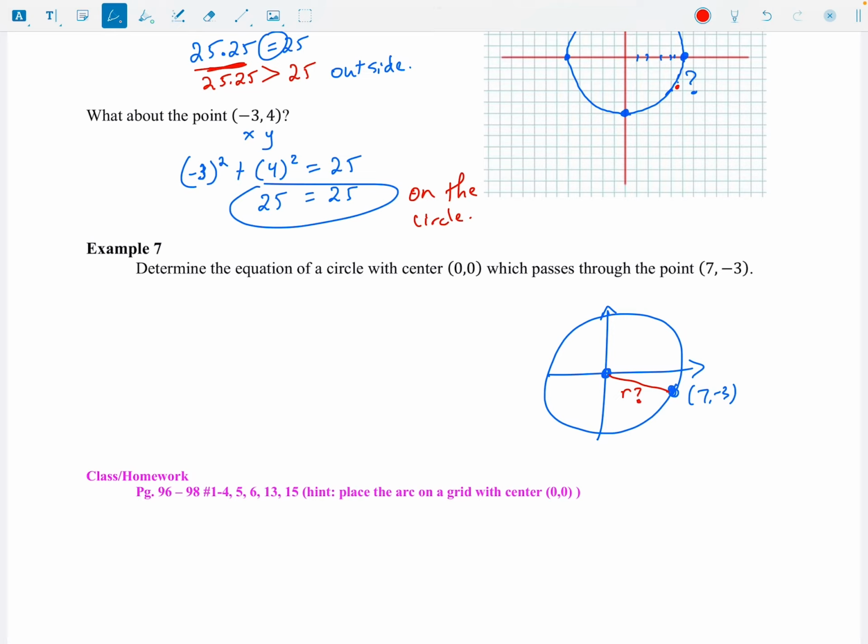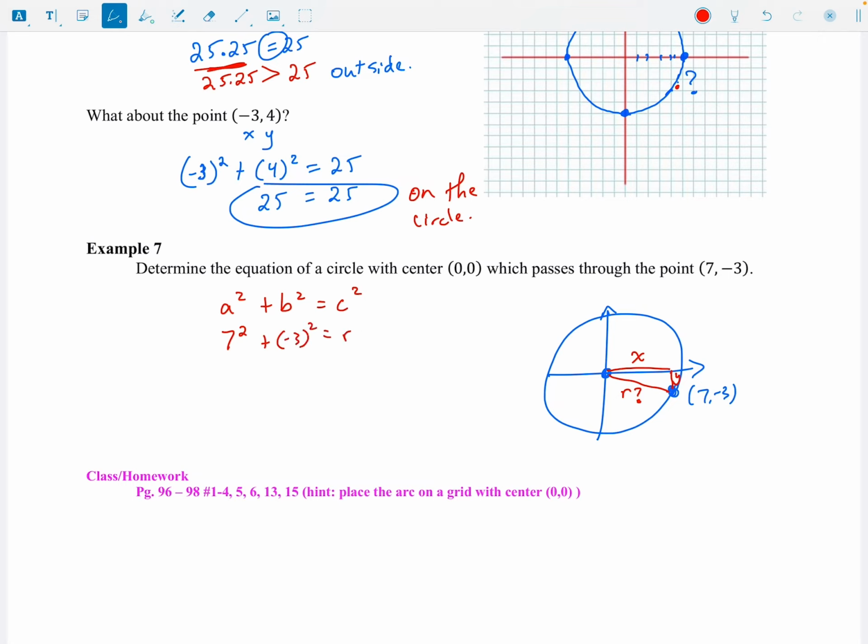So to figure out the radius, you and I might think, hey, let's figure out the length of the radius. And remember the distance formula? In this distance formula, we said, hey, what is the x value here and what is the y value? And we can use the Pythagorean theorem method to solve for the length. So a here, the length of a would be 7. b, the change in y would be, let's say, negative 3.